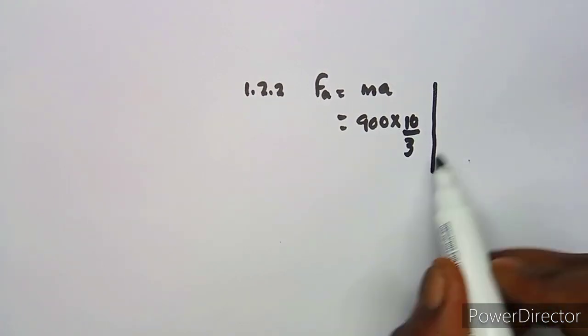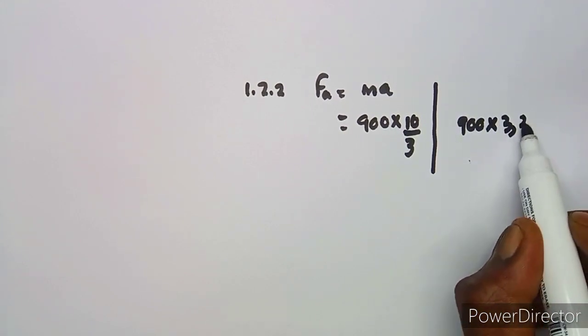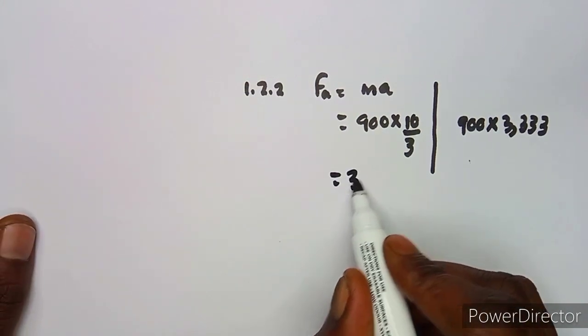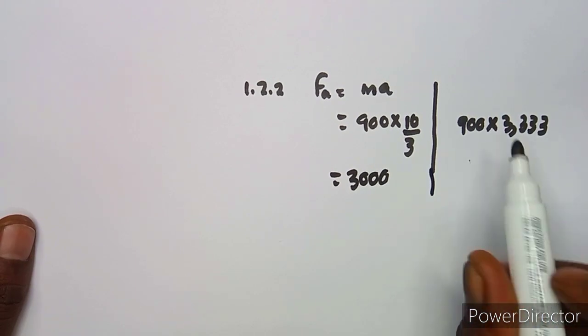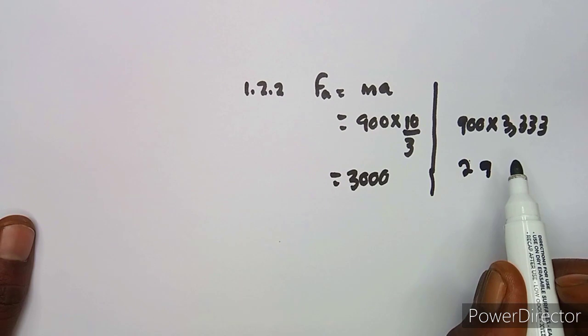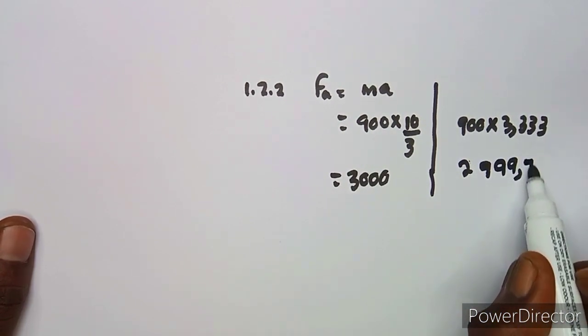All right, or someone has got that 3.3333. You are not going to obtain exact answers though, because this one is going to obtain 3000 newtons, right? And this one is going to obtain 2999.7 newtons.